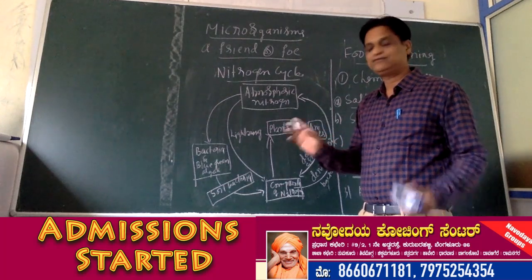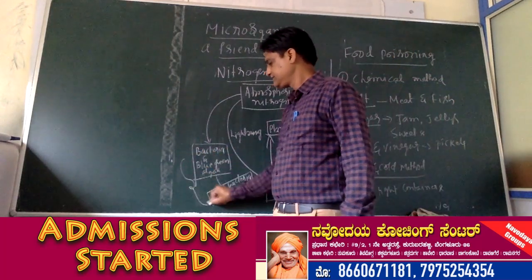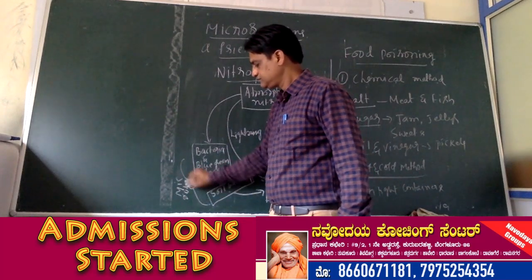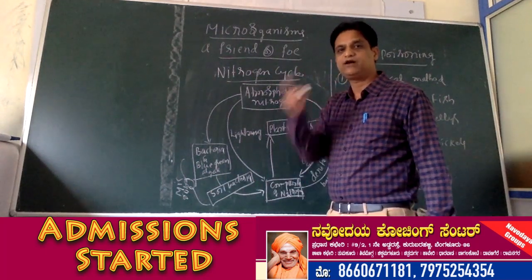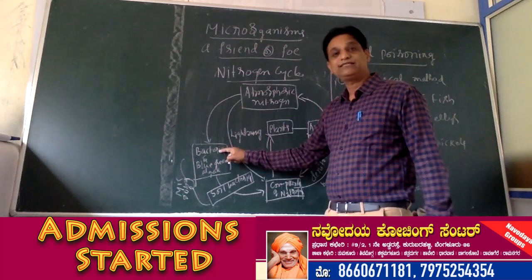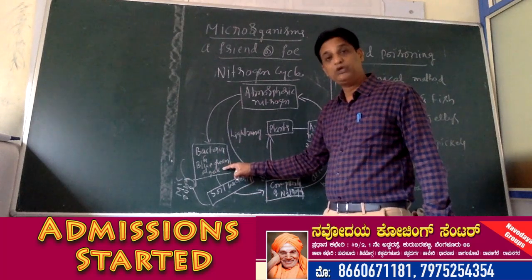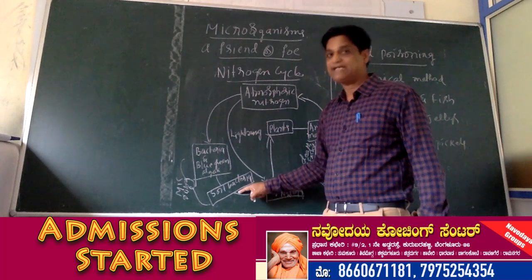Okay, and for this nitrogen cycle, very important is that certain microbes are responsible. So which are the microbes that are responsible for the nitrogen cycle? That is bacteria, Rhizobium bacteria, then blue-green algae, and similarly some soil bacteria.